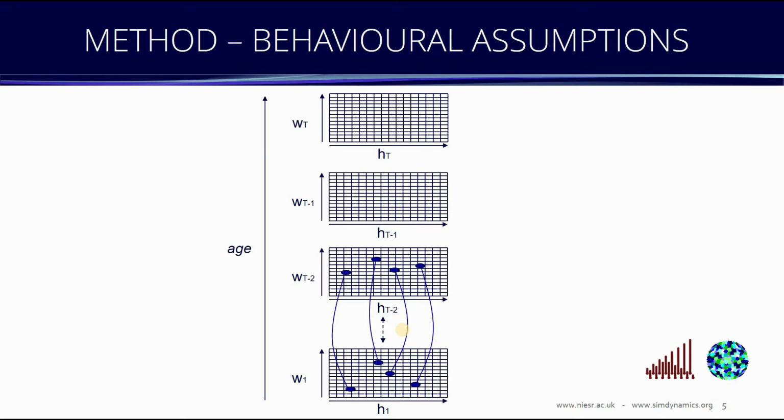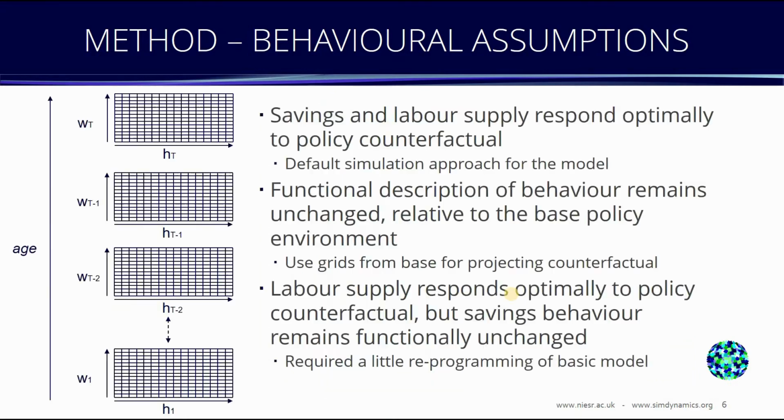And so each individual is also associated with a full set of random draws. You project them forward through one period of time, and that process can be repeated into the future to project them throughout the life course.